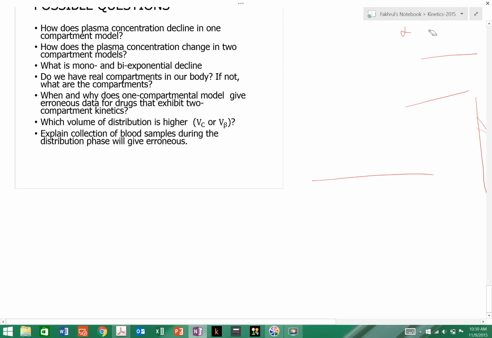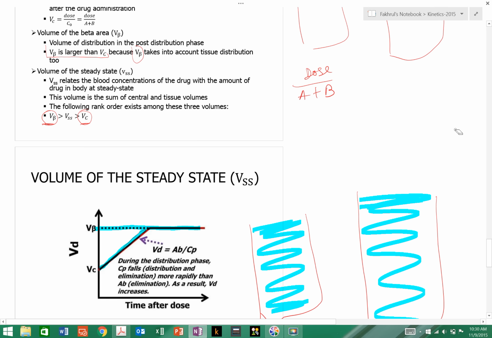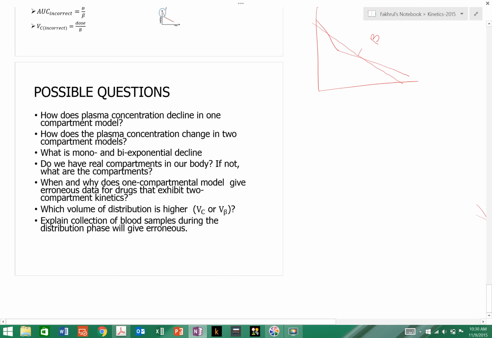Now I will explain this in the class. As you can imagine, we have a drug that has two compartment kinetics, and the concentration is falling down like that. Now you collect a sample during the distribution phase.